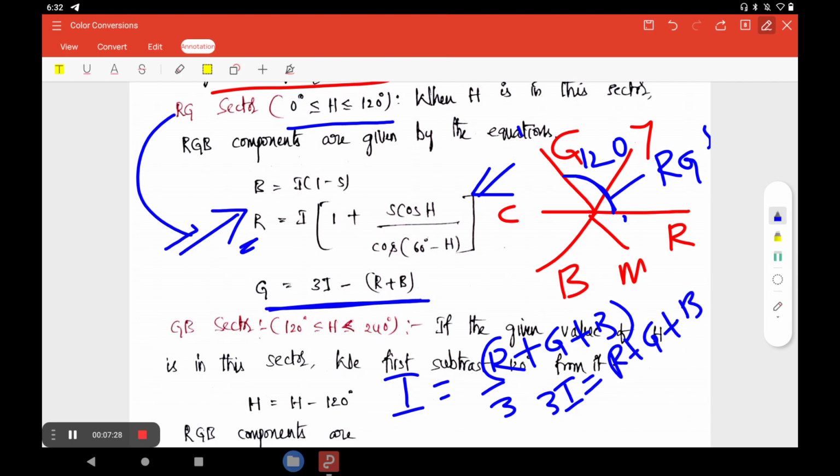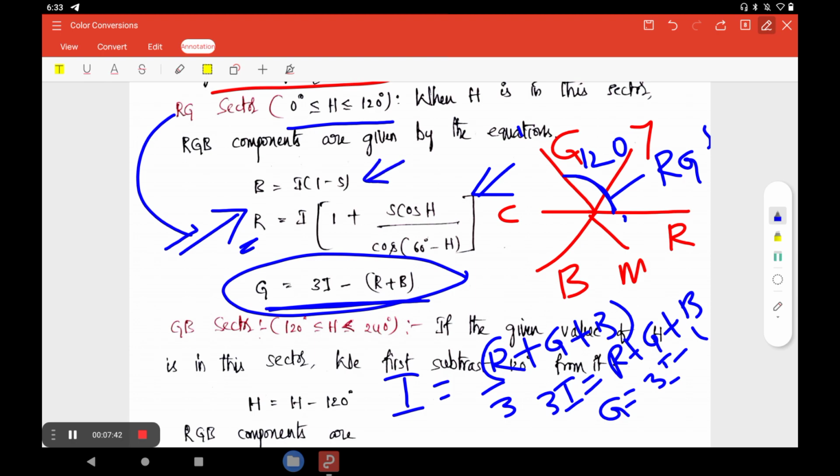Our interest is just to find out the corresponding G value, right? Therefore G is equal to 3I minus the remaining, the sum of red plus blue. So this is the reason why we are writing the equation. Now in this case, the same scenario where the remaining, that means the missing color, is blue, right?